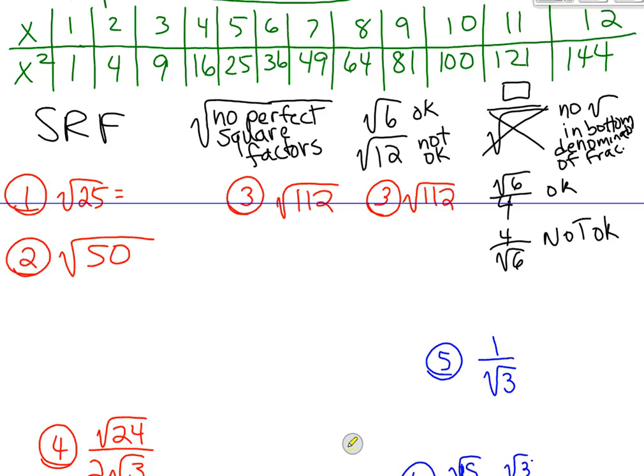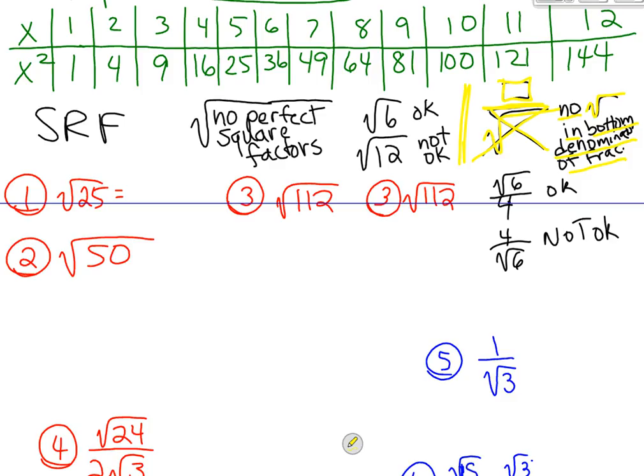Then the second thing, over on this side, is that if we have a fraction, anything on the top is fine, but a radical in the bottom is not allowed. There is no square root sign allowed in the bottom, which is also called the denominator of the fraction. So give yourself a little note about that.